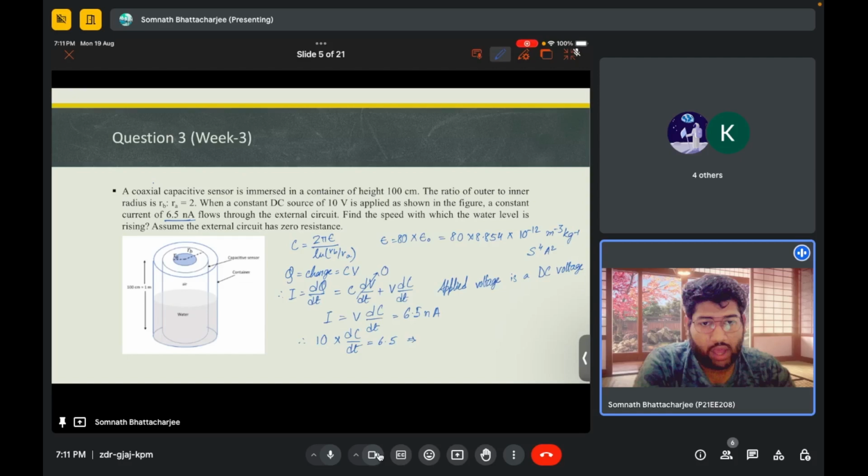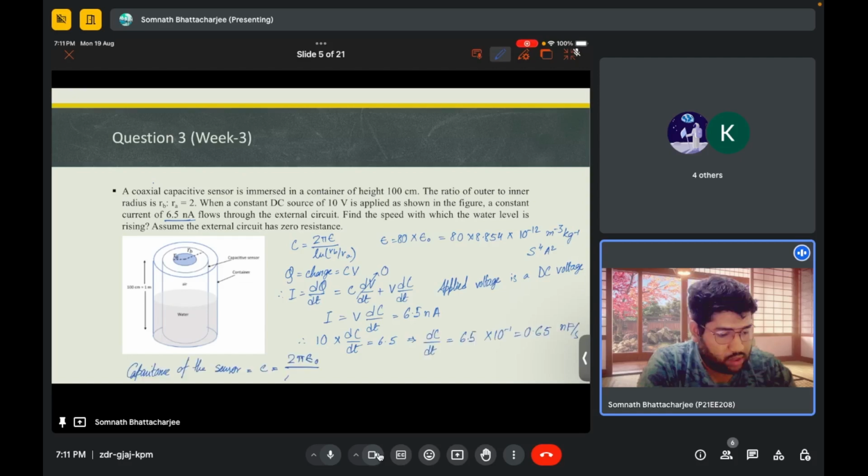Now the capacitance of the sensor was calculated as C equals 2 pi epsilon naught divided by ln of RB by RA. I'm going a bit fast because I explained this question in the last class as well. If you have any queries, you can ask me after the solution. So this is the value.